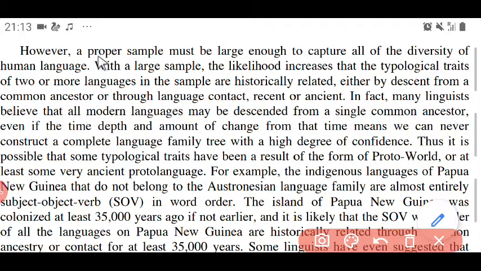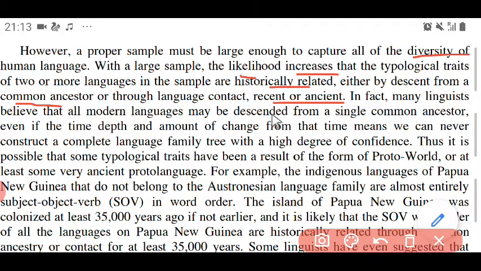However, a proper sample must be large enough to capture all of the diversity of human language. With a large sample, the likelihood increases that the typological traits of two or more languages in the sample are historically related, either by descent from a common ancestor or through language contact, recent or ancient.